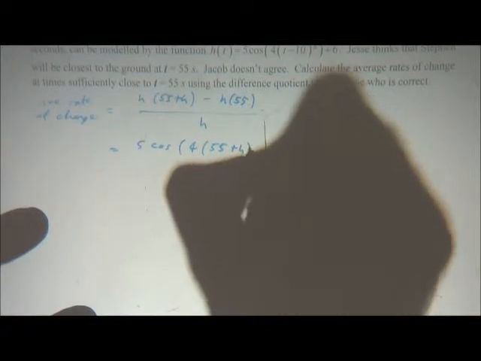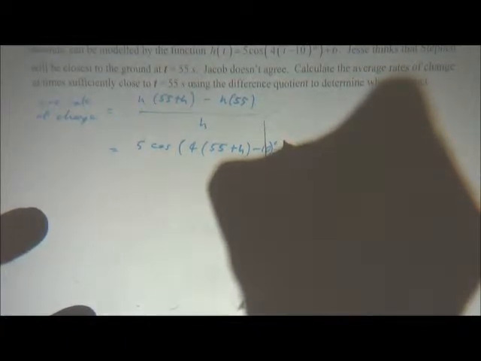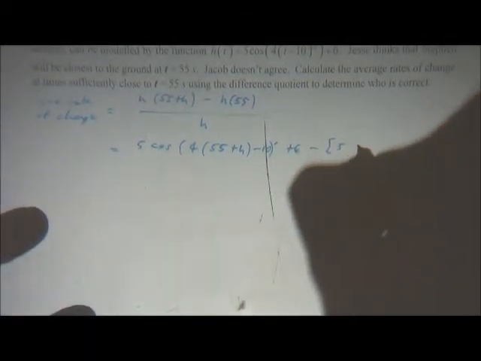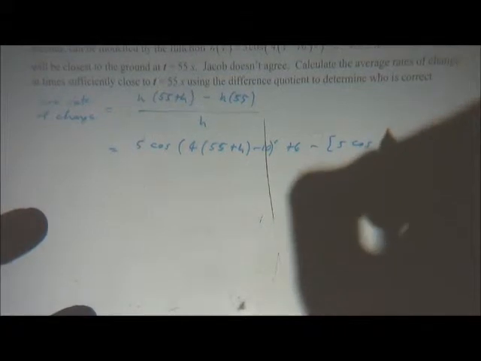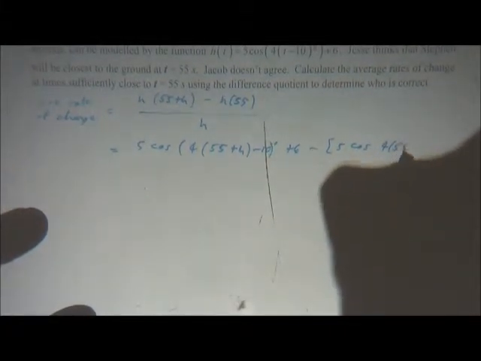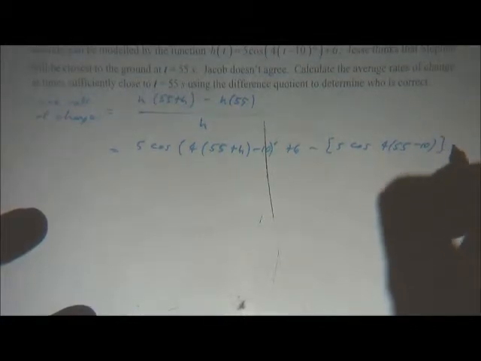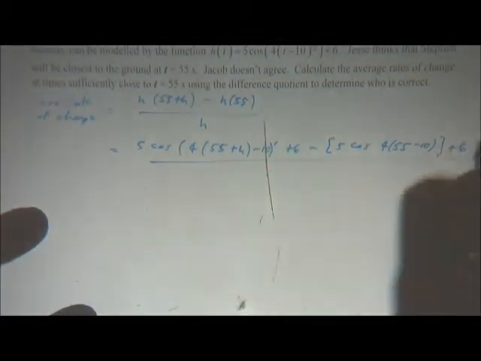And that then becomes 5 cos 4, and then instead of time, we're going to put 55 plus h minus 10 degrees plus 6 minus 5 times cos 4 times 55 minus 10 plus 6 all over h.